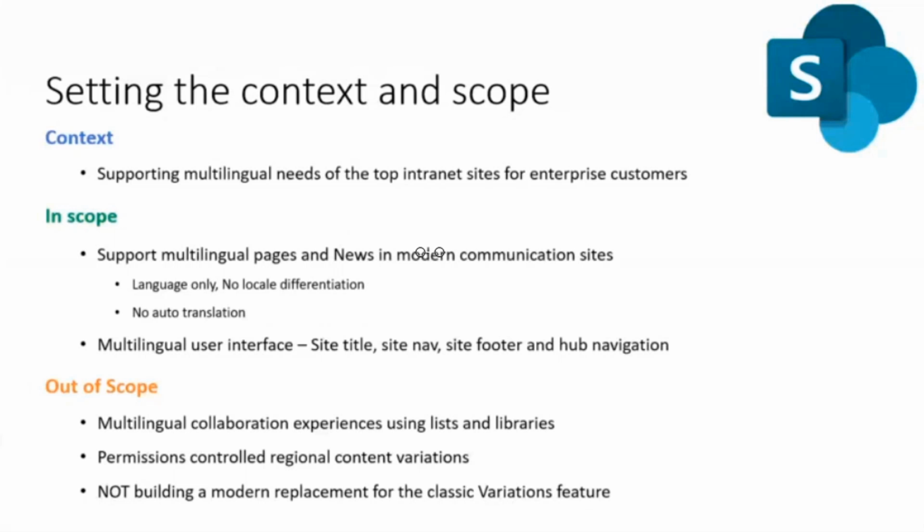All of these things together deliver the intranet site experience, and that's part of the experience that we're going to be working on today. There is no auto translation. The content is to be provided by the content owners. That's an important aspect to remember. What we are doing here is enabling the publishing system that brings multiple language content together and makes it easy for publishing and, importantly, consuming the content as well.